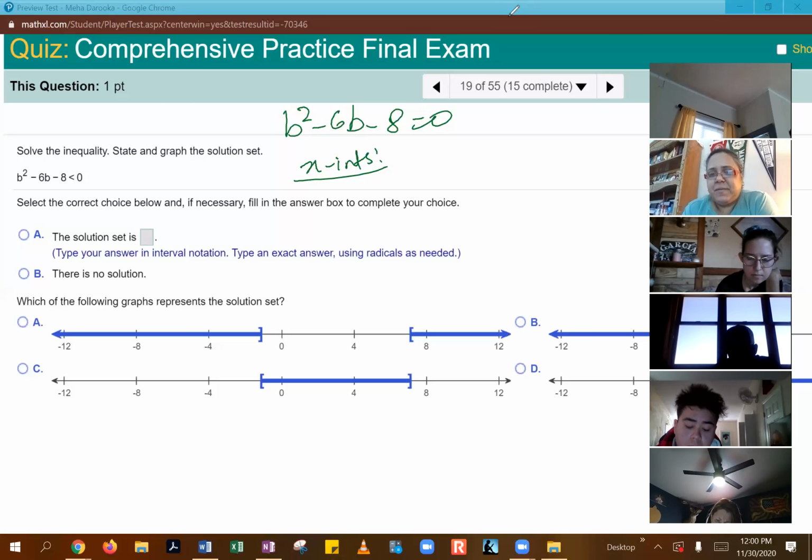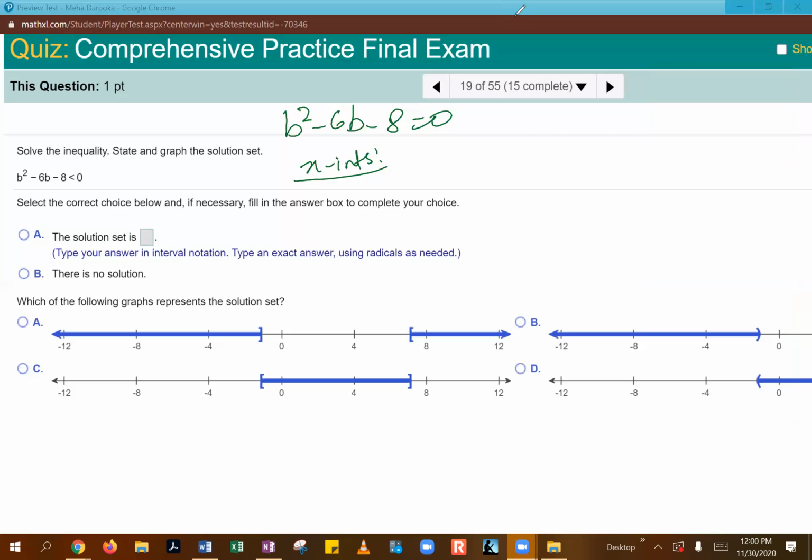Do you have your intercepts? Negative 2 and positive 4? Okay, because you're saying negative 2 and positive 4, that would multiply to give you negative 8, but it doesn't give you negative 6 when you add them. That would add up to 2 instead of negative 6.